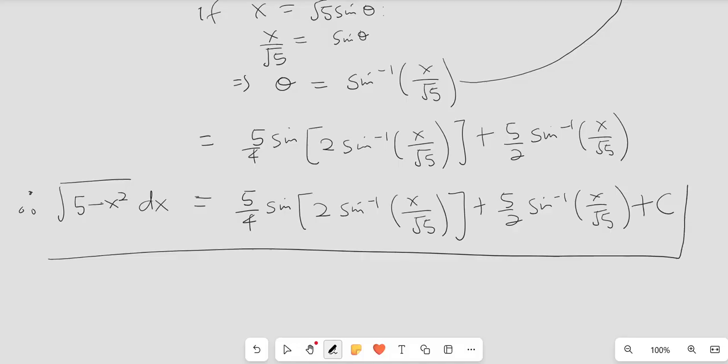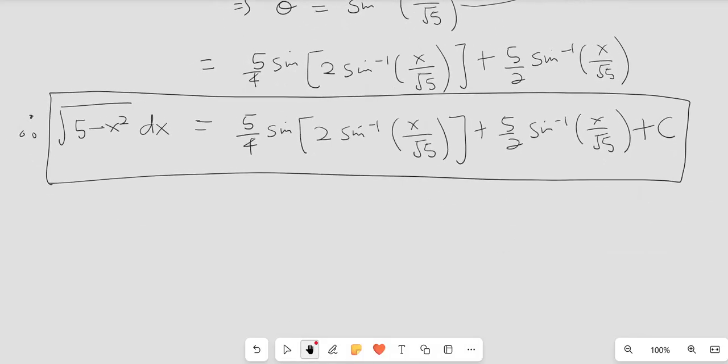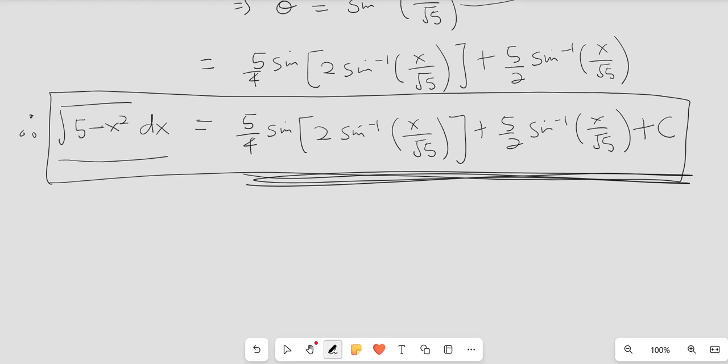So this is the value of this integral. You can verify that by taking the derivative of this and working it out; you should arrive at our original integrand, the square root of 5 minus x squared.